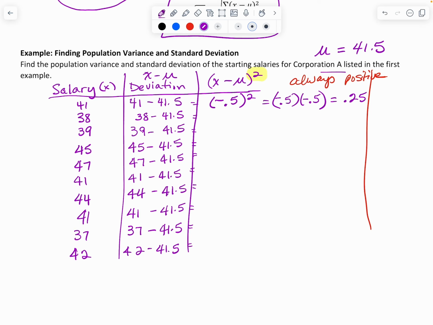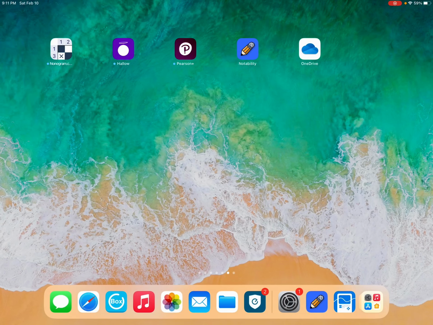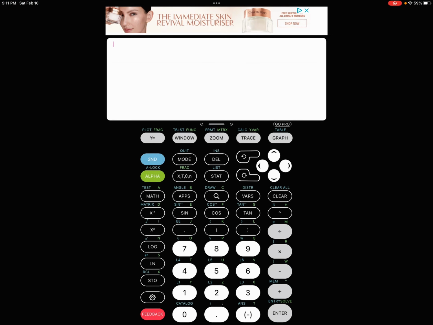So now if I have 38 minus 41.5, that would be negative 3.5 squared. Again, using your calculator. If you haven't seen where that button is on your calculator, we would have 38 minus 41.5 equals negative 3.5.